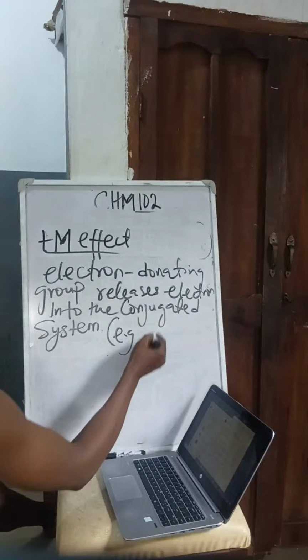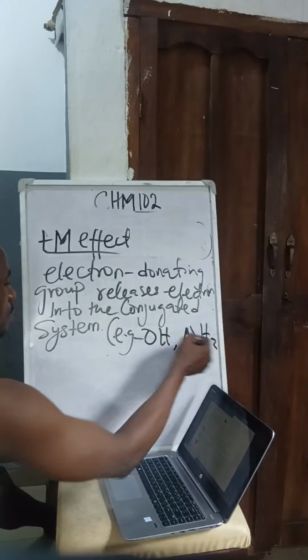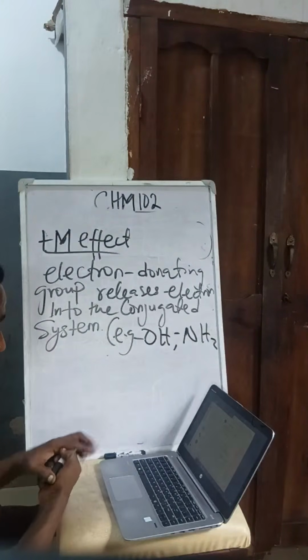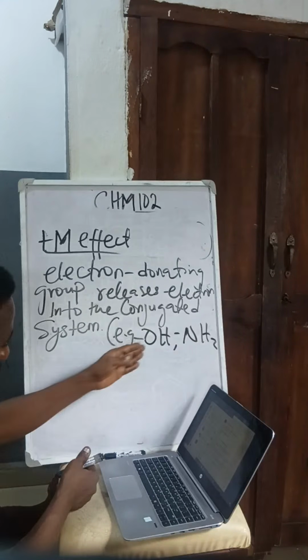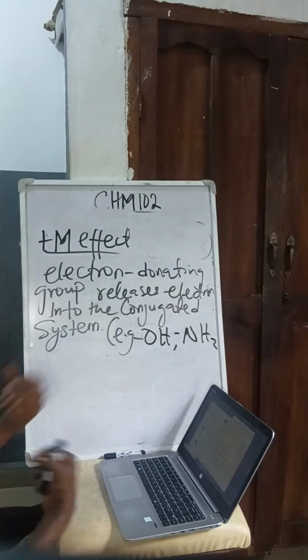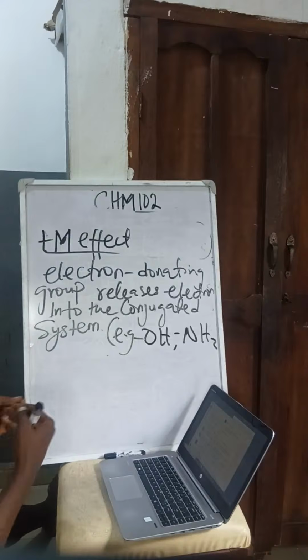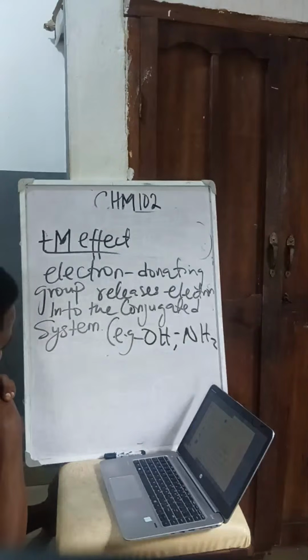And the nucleophiles we have, OH is there, NH2 also is there. Yes, even though OH is positive and negative, it is electron rich. So it will release electron to the conjugated system. So it must be electron rich for it to release electron to the conjugated system.